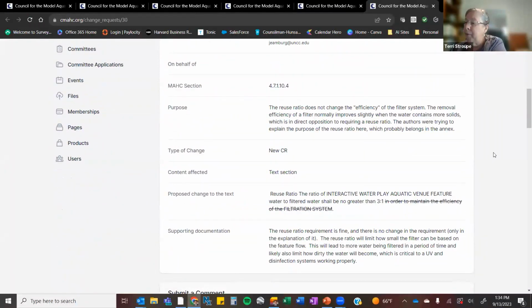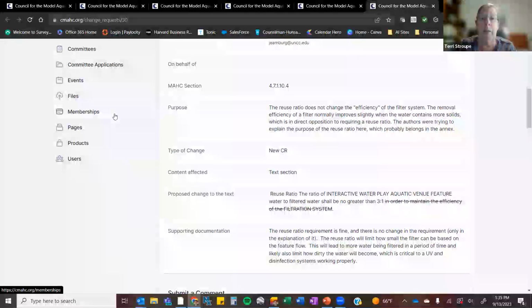I haven't heard back from the disinfection and water quality TSC yet, but the proposal is just to take out the end of that sentence, because the reuse ratio doesn't really tie to the filtration system. Those things don't have to be together is basically what he's requesting. But like I said, I have not heard back from the TSC yet.